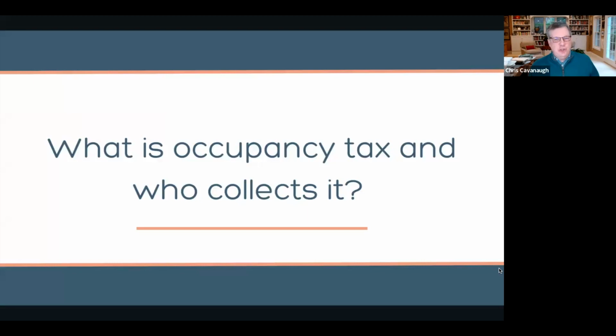And then it's used for a wide variety of different purposes. But mostly in North Carolina, it's invested in one of two areas. It's invested in destination promotion or in what we call tourism-related expenditures, which we'll talk a little bit more about later on as well. But fairly simple concept.